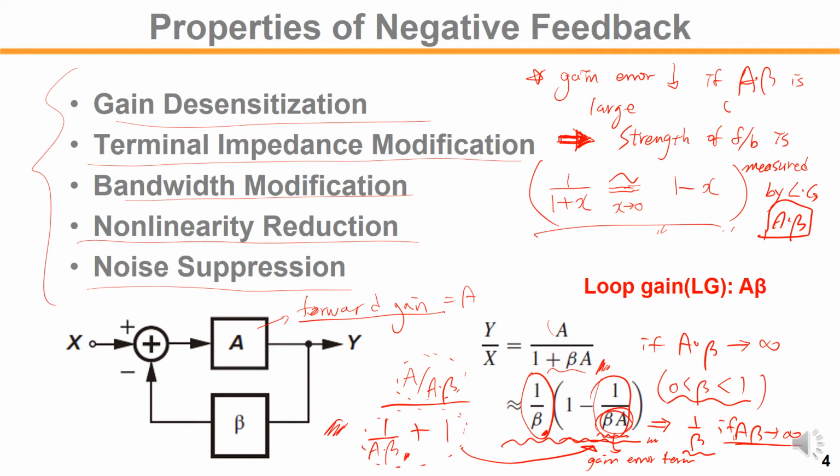So whenever you evaluate your negative feedback, you must investigate how large your loop gain is. If the loop gain is very large, then it behaves more ideally. What is ideal? The gain is just defined by the inverse of the feedback factor, 1 over beta, right?